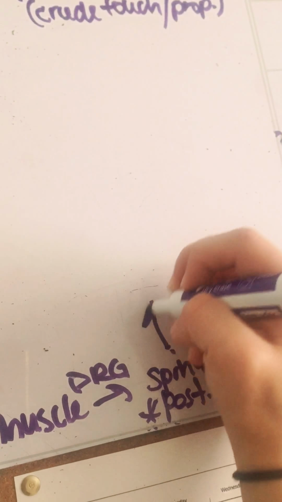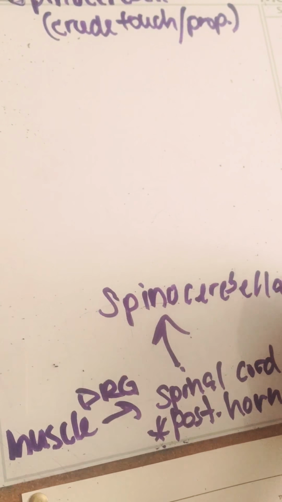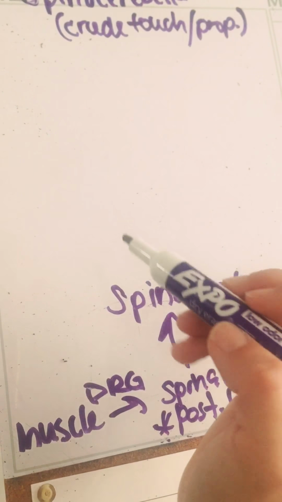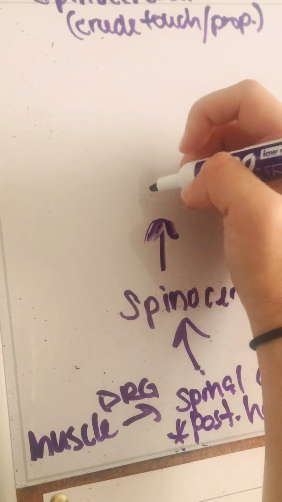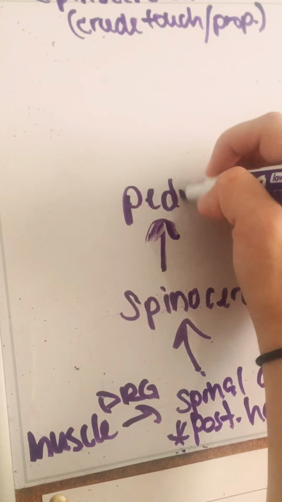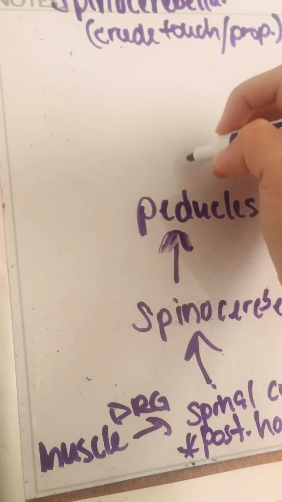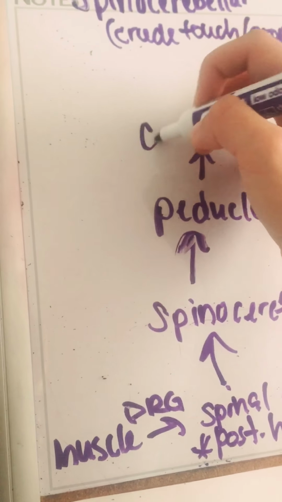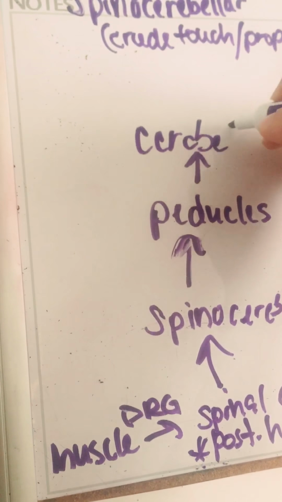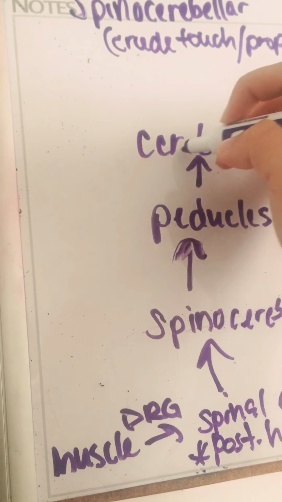This one, instead of crossing, it just continues ipsilateral through the spinocerebellar tracts, through the medulla and the pons. Once it gets to the pons, though, it will go through the peduncles, which some of them will cross, some of them don't, and end up in the cerebellum, which is where it will synapse.